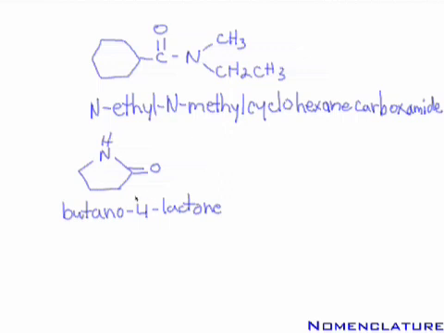So what happens? Well, cyclic amides, like cyclic esters, they're not called lactones, they're called lactams. And so this would become called a butano-4-lactam. Remember the common name, of course.